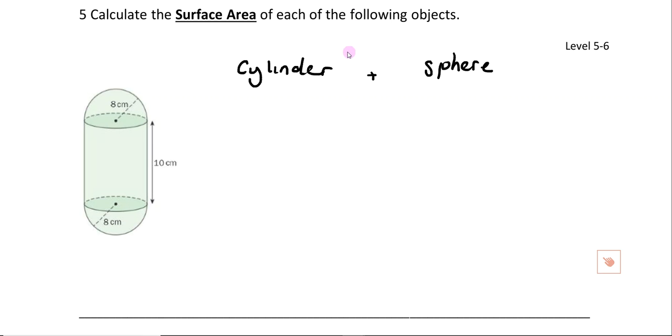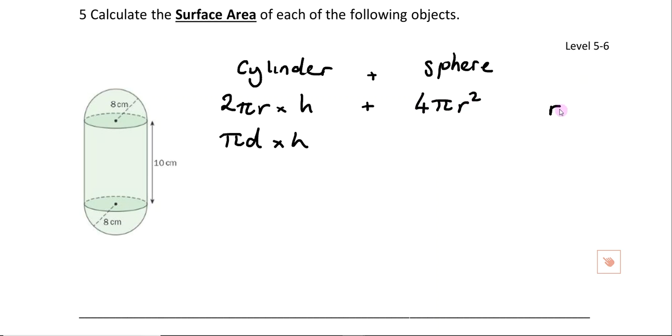Yeah? But the cylinder is 2 pi r or pi d times h, yeah? In fact, a lot of you got this bit, right? And the surface area of the sphere is 4 pi r squared.